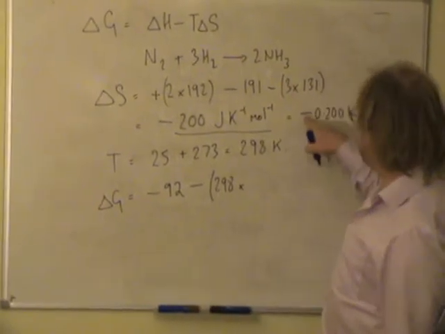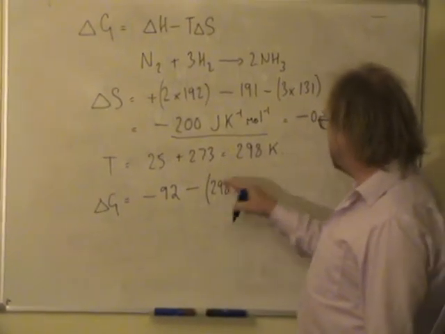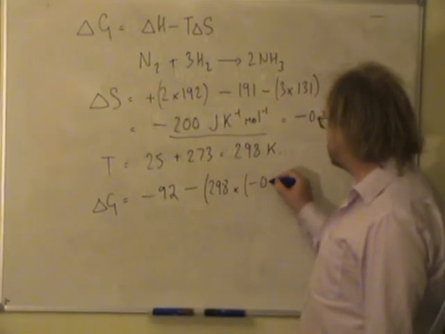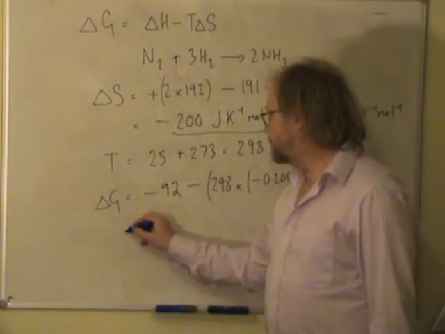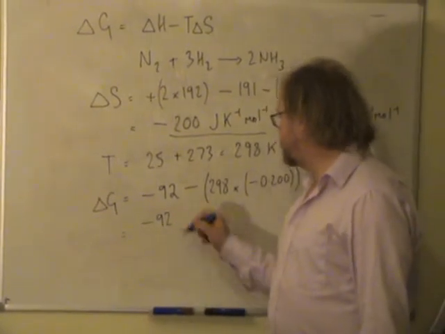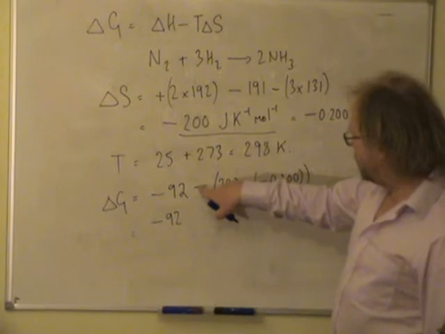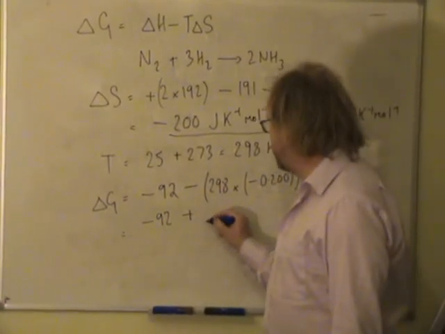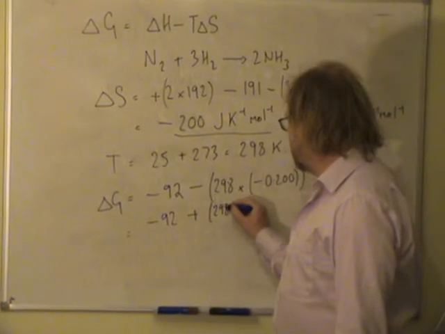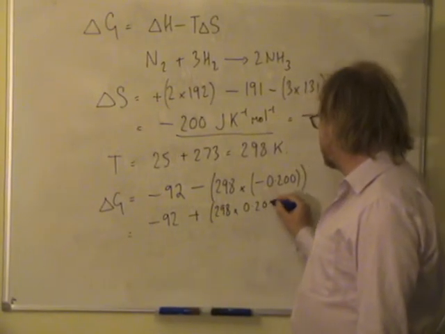The other thing we've got to be careful about is that negative sign. So it's minus 298 times minus 0.2, and that's equal to minus 92. And remember, if you multiply a minus times a minus, you get a plus. So it's minus 92 plus 298 times 0.2.